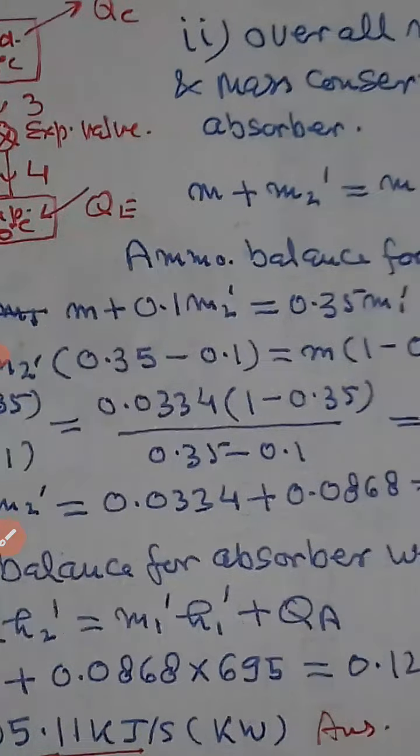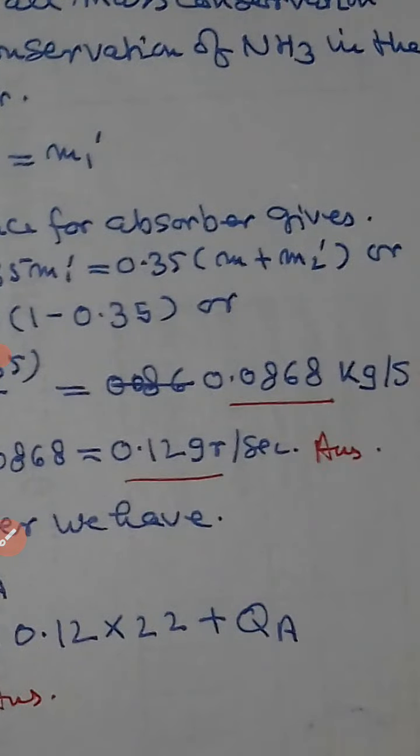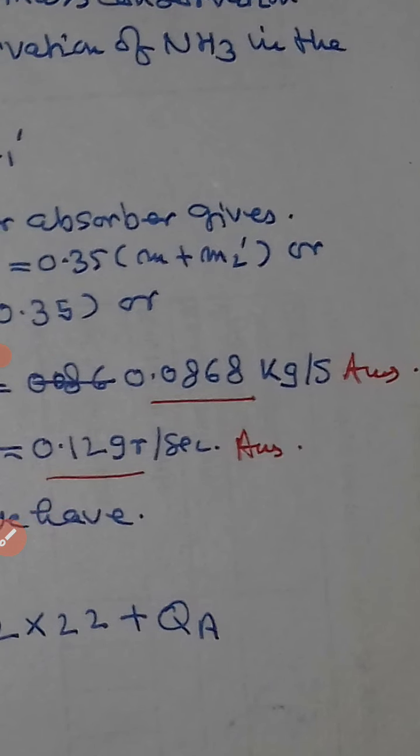Okay, that is equal to 0.0334 into (1 minus 0.35) divided by (0.35 minus 0.1), and the value after calculation comes to 0.0868 kg per second.